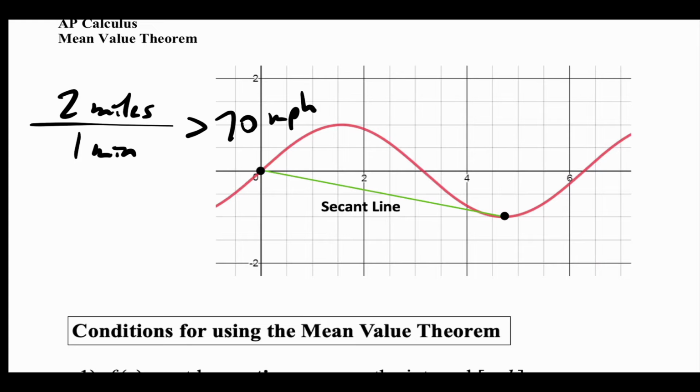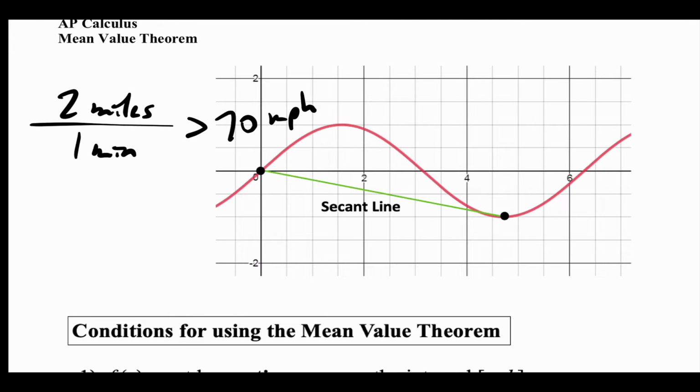Well, how fast were they going? If it took me 1 minute to get from one cop to the other, how fast were you going? No, miles an hour. How fast were you going in a car? 2 miles a minute. Or how many miles an hour were you going? How do we figure that out?